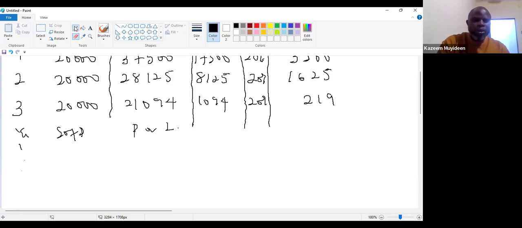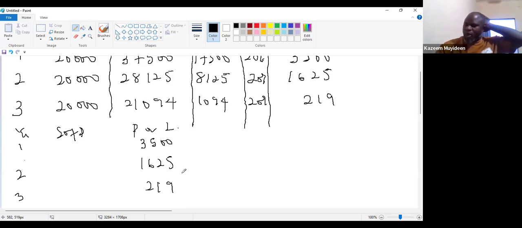Now, they've given me the one that will go to the P or L. The first one is 35, year one. I did not get this one on the statement of financial position. For year two it's 1625. For year three, 219.